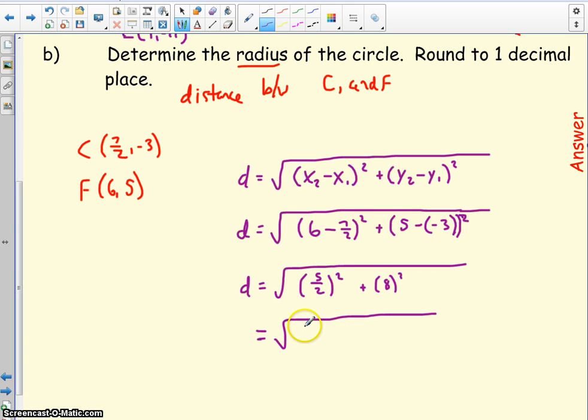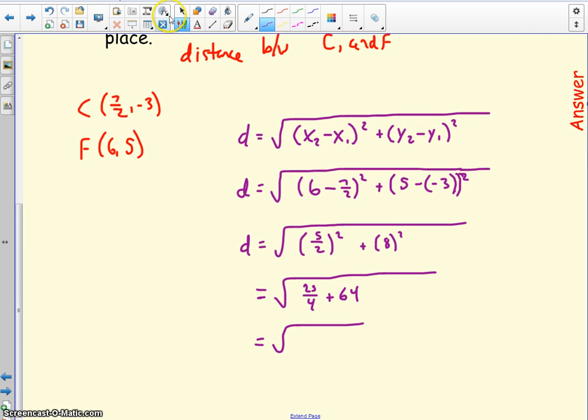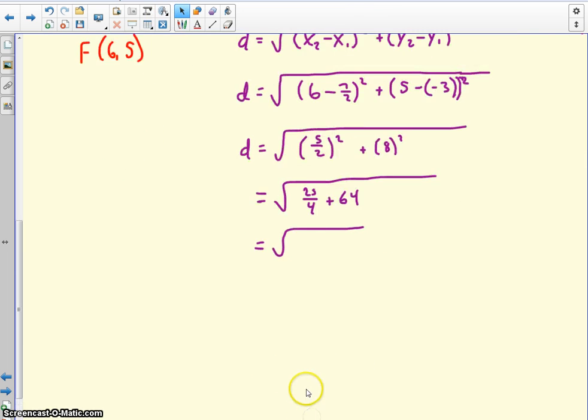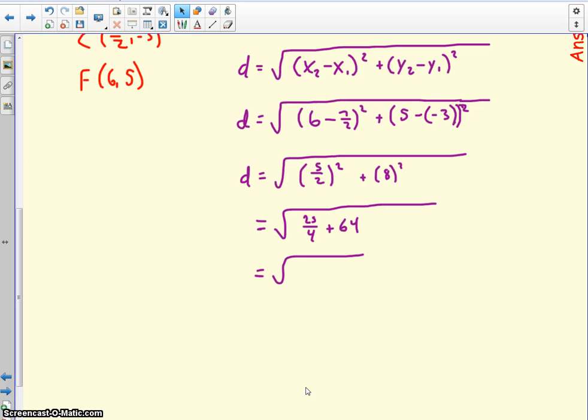Okay, so 5 over 2 squared is 25 over 4. And 8 squared is 64. And again, just simplifying from here on in. So 64 plus 25 over 4 is 70.25, or 281 over 4.